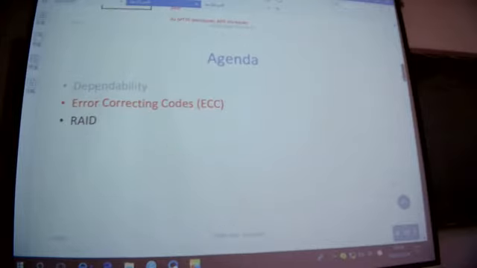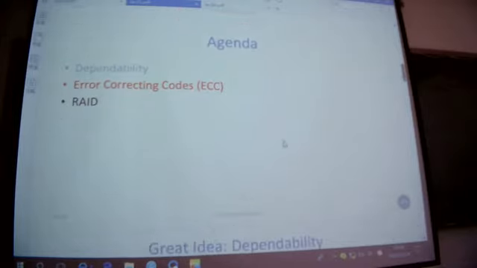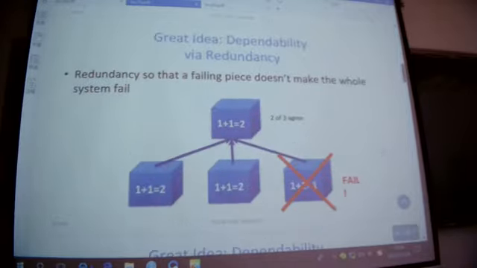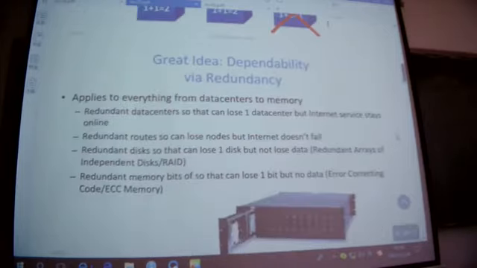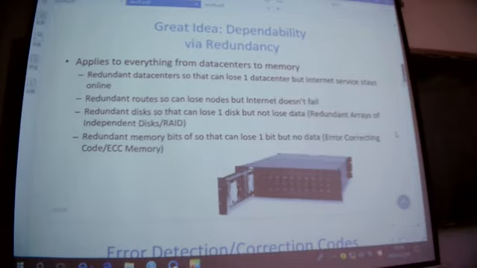Okay, this is dependability. We can see another one, error correcting code, ECC. This is dependability by redundancy. We use redundancy so that a failing piece doesn't make the whole system fail.